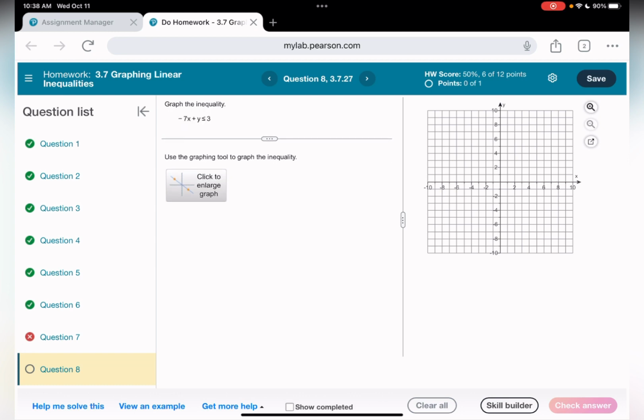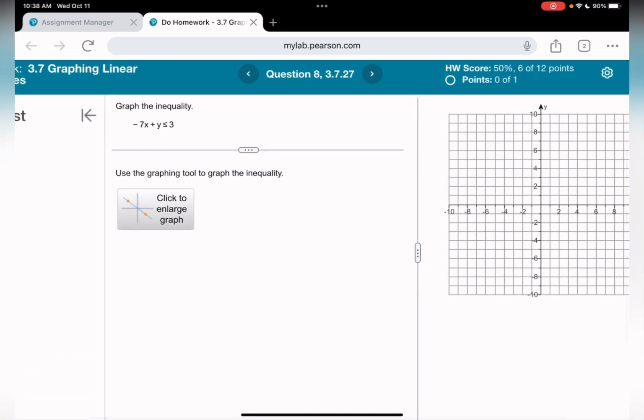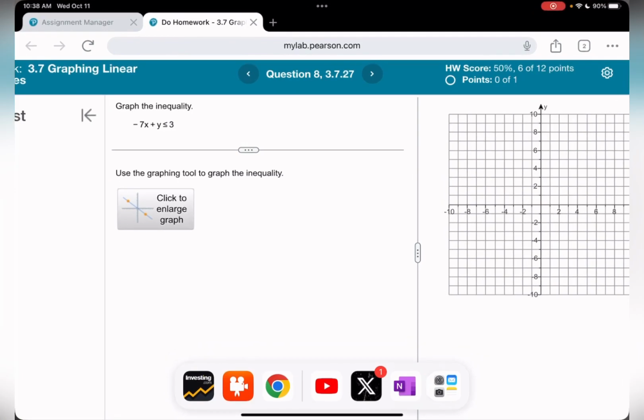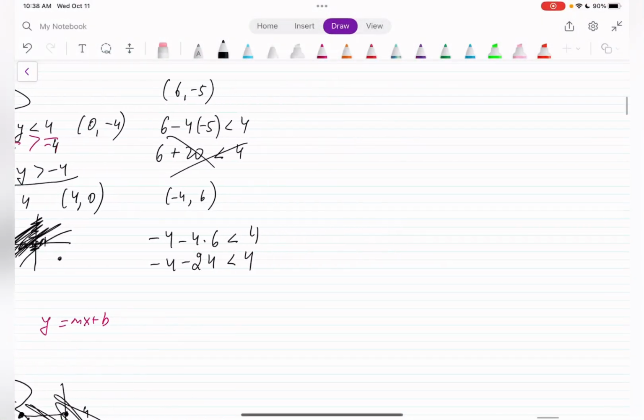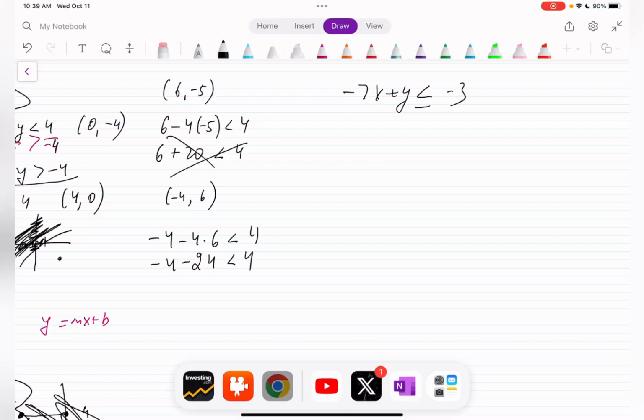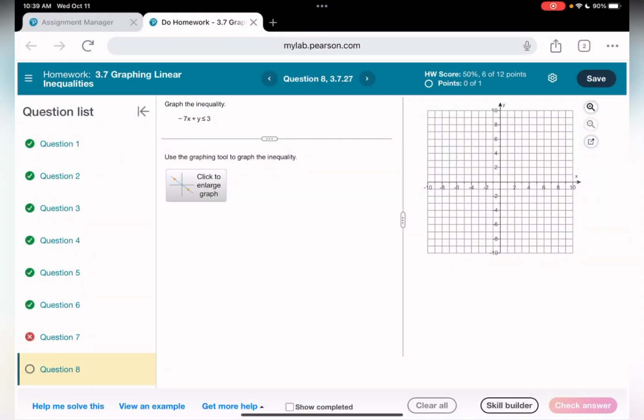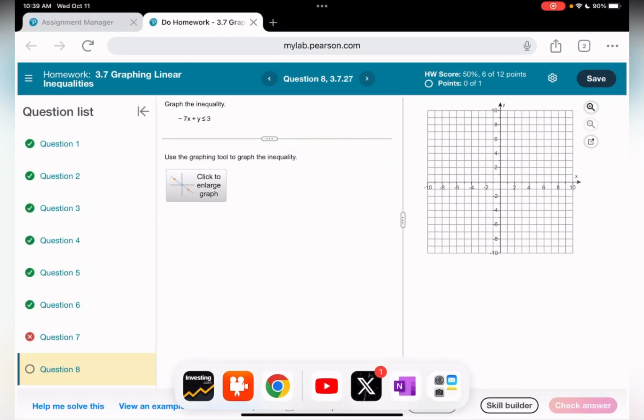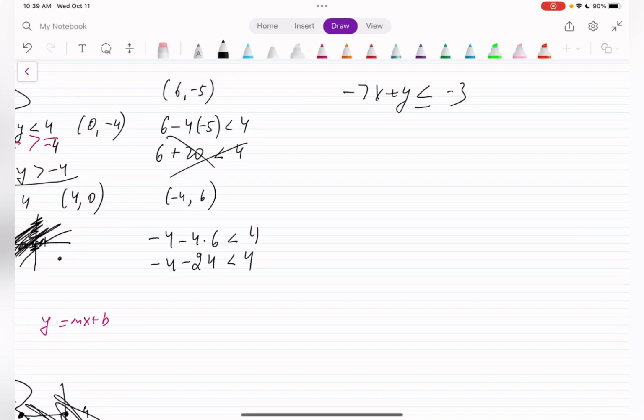What do we have here? Negative 7x plus y less or equal 3. Let me check. Less or equal 3. Okay. All right, I have 3, I have 7, definitely using slope-intercept.